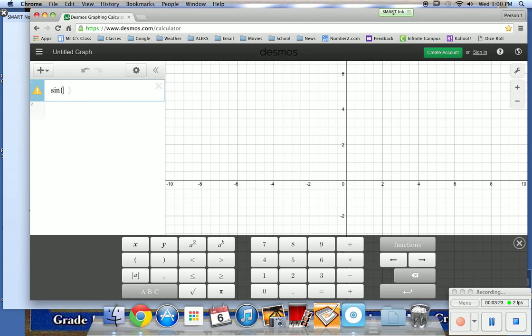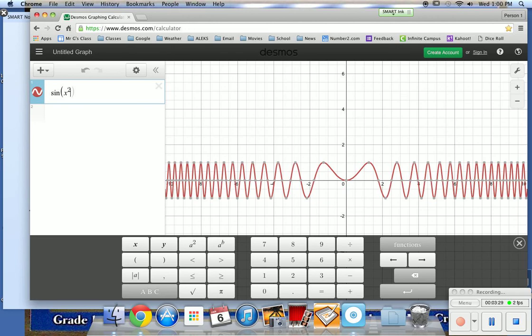Let's say we were to add something with x squared in it. Basically we're squaring that out. Think about what happens when you go 1 times 1 is 1, 2 times 2 is 4, 3 times 3 is 9. Notice how that number is getting larger real fast.